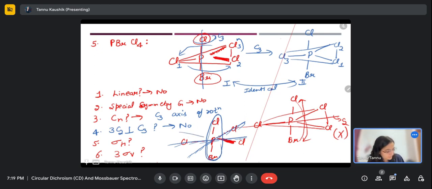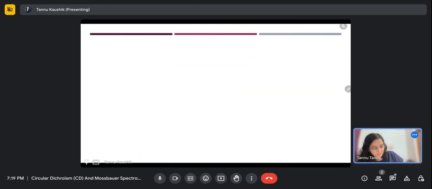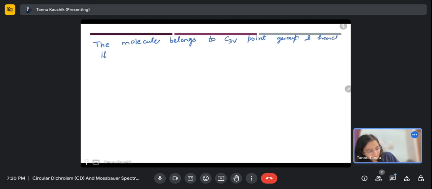Okay, so yes, we have 3 sigma V planes in the molecule. So the molecule belongs to the C3V point group, and hence it is chiral.